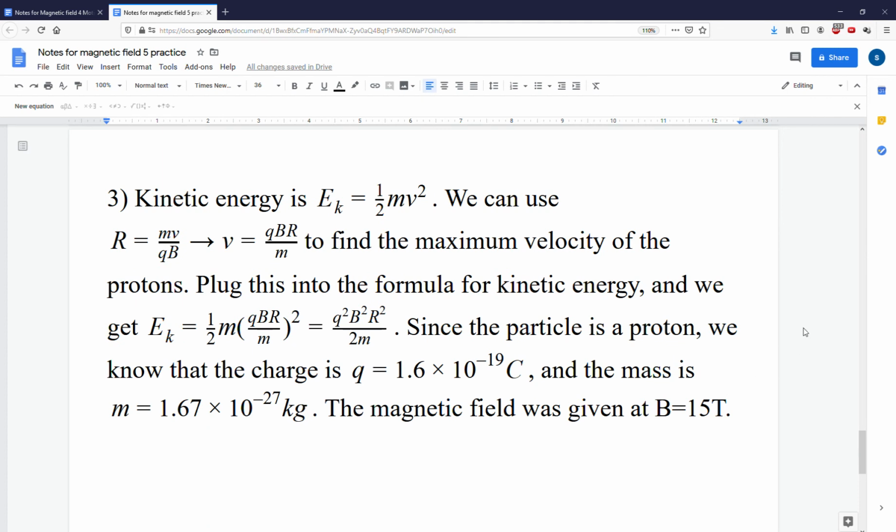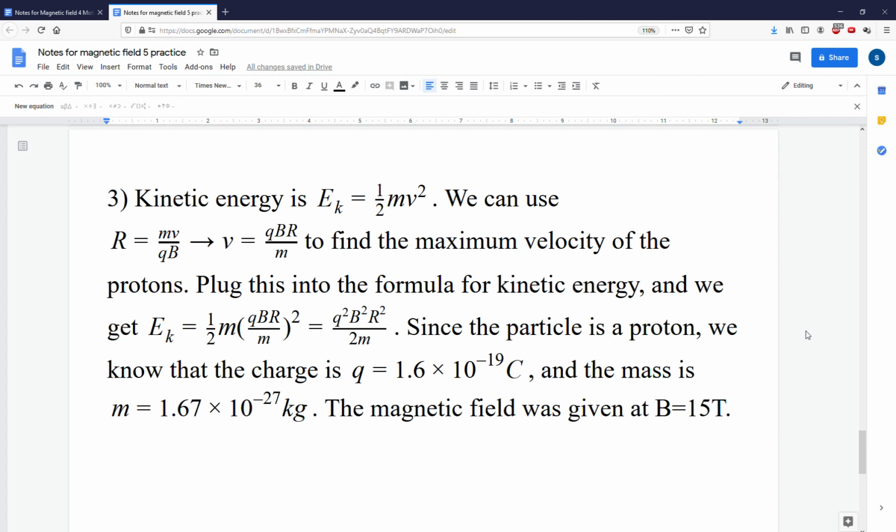Recall from last semester that the formula for kinetic energy is E_K equals 1/2 mv squared. We can use the formula r equals mv divided by qB to solve for the velocity of a particle in that field, v equals qBr divided by m.